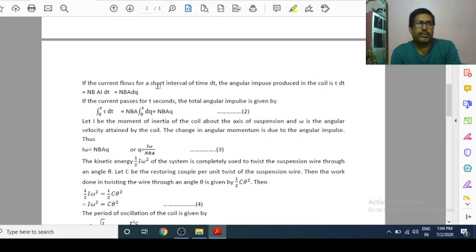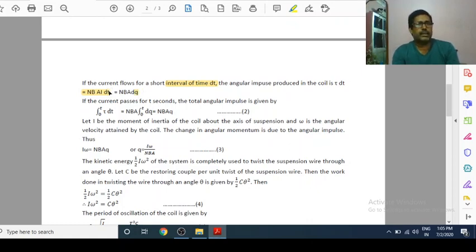If the current flows for a short interval of time dt, I am taking first a small interval of time, then the torque will be NBAI dt. And I dt, the product of current and time, is called charge. So I have written here dq.